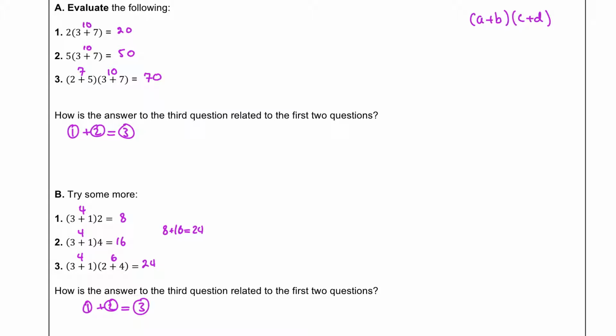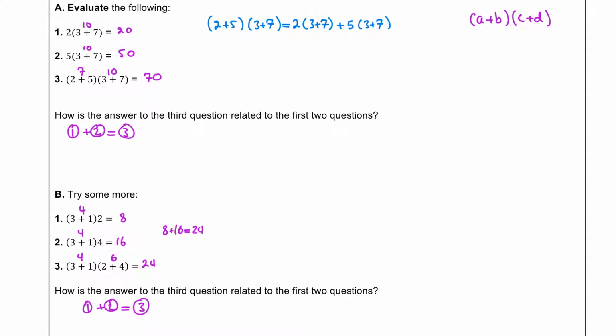Alright, so now let's write this equation over here in terms of brackets. In the first one, let's write it out in blue, I have 2 plus 5 times 3 plus 7 is equal to 2 times 3 plus 7, which is my first equation, and 5 times 3 plus 7.